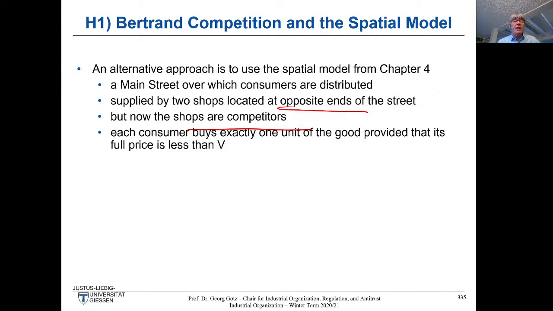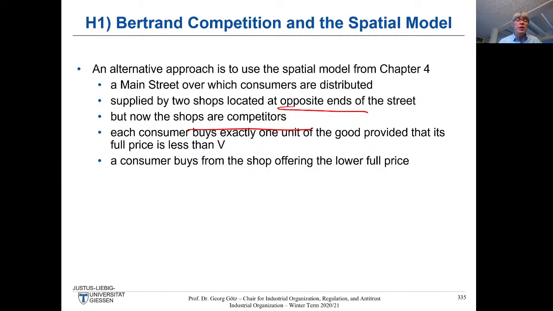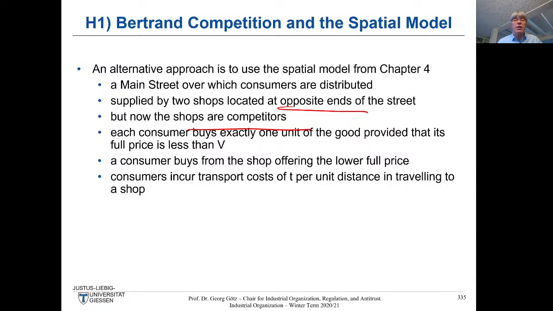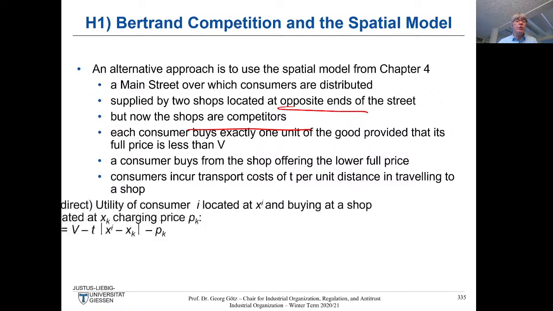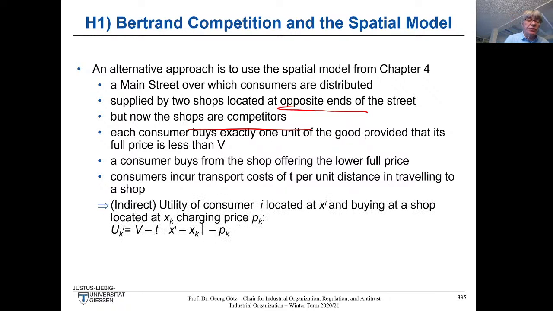The shops are competitors. Each consumer still has unit demand and has a reservation price of V. And of course, the consumers buy where we have the lower full price. What is the full price? The price including transport costs. Here again, we have our transport cost t per unit distance. This gives rise to the utility function we have here.